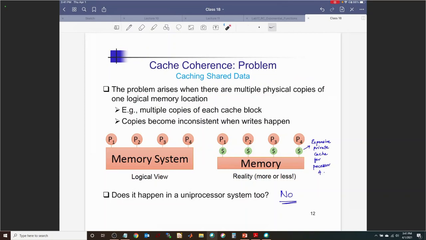Remember this, the whole idea of having a cache is so that the CPU gets the information right away. And if you want it right away, you have to place it right next to the processor, very, very close to the processor, in order to have that very high bandwidth between the CPU and the cache. So that's what we are using cache for, so that we reduce access time.